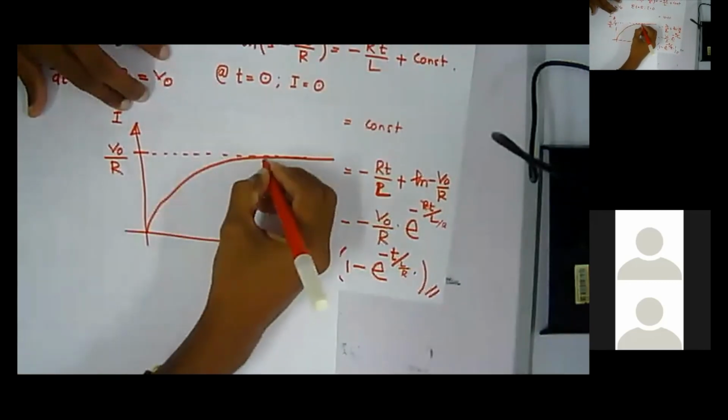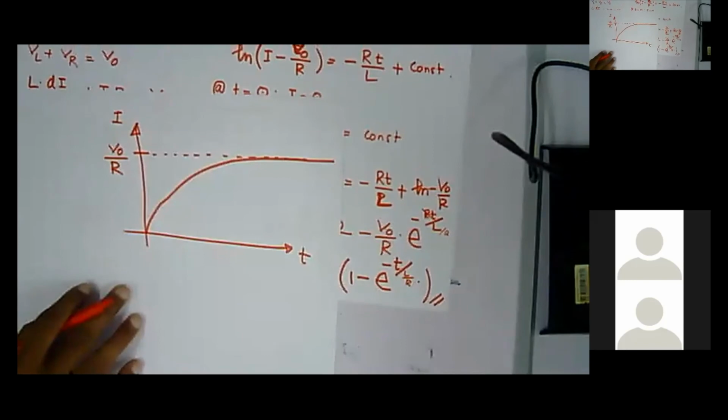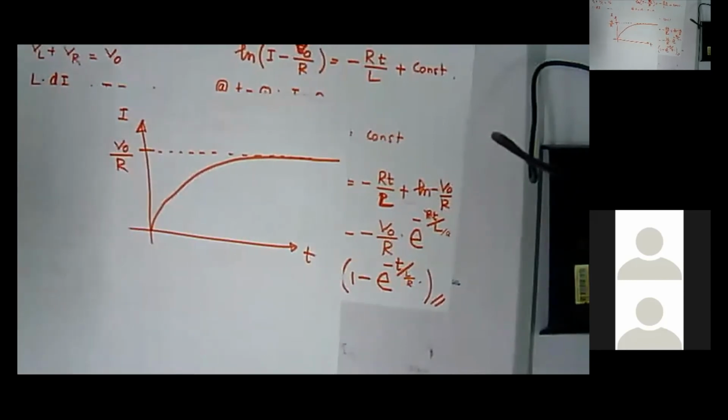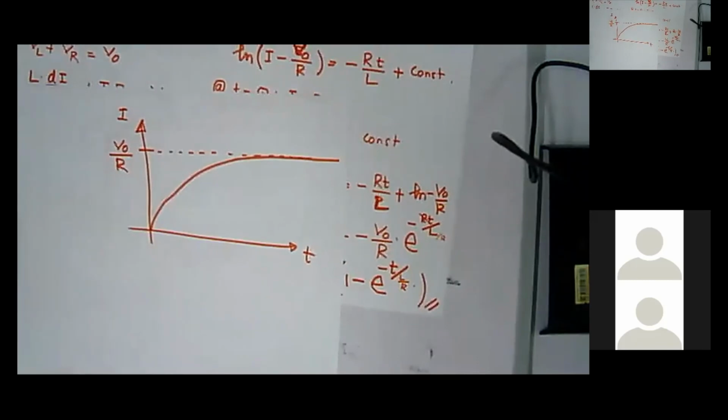So this is how it will be working, right? So if you connect a capacitor to a DC voltage, it will be open circuited. If you connect an inductor to a DC voltage, it will be short circuited, right? So that's all about the summary of this chapter, right?